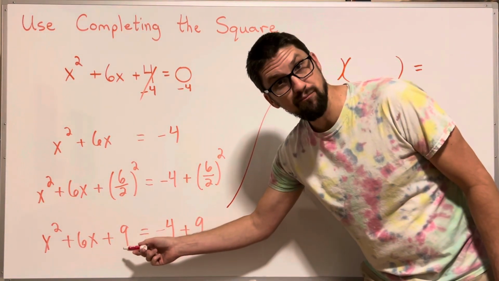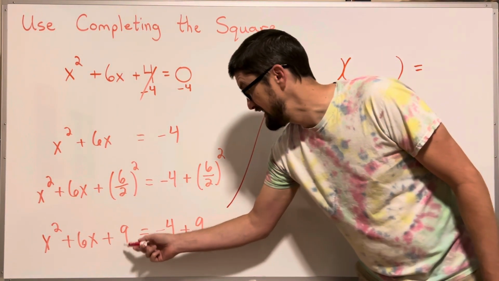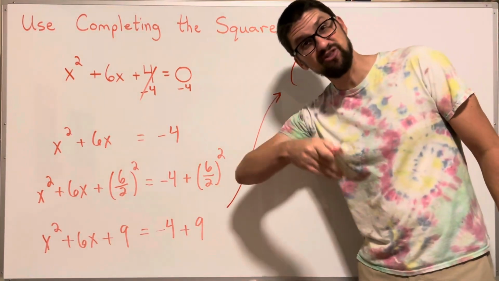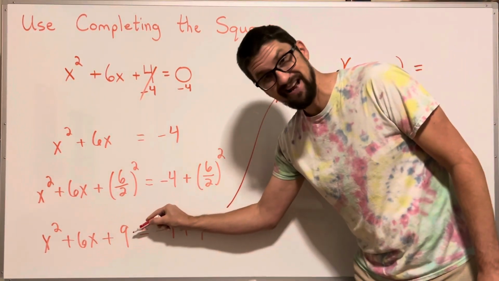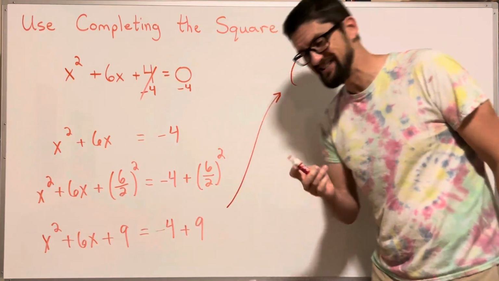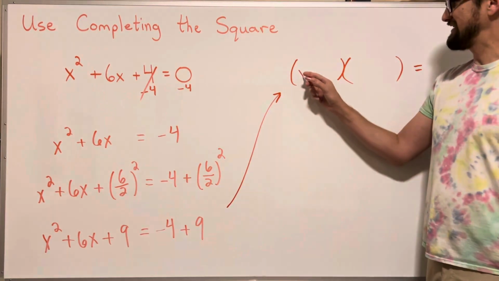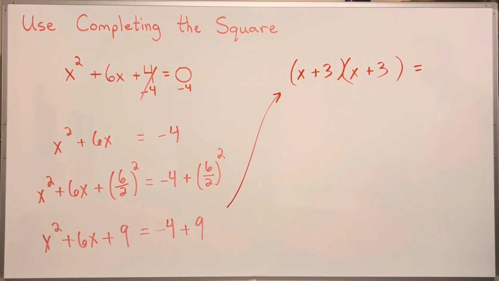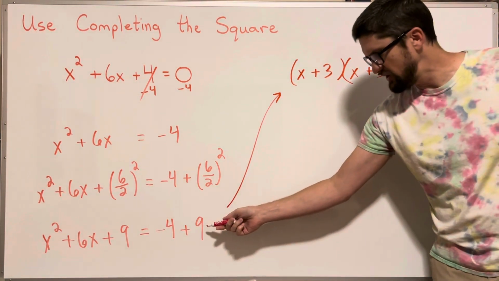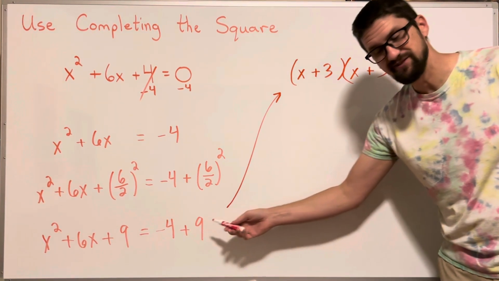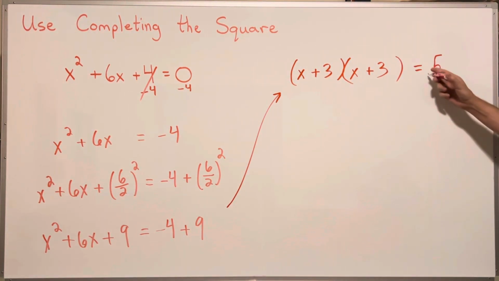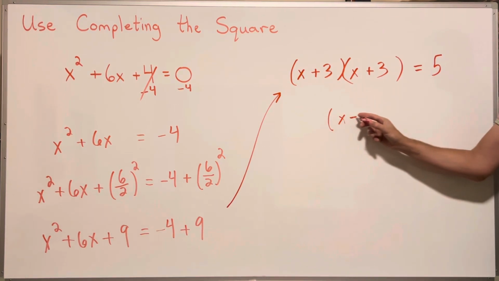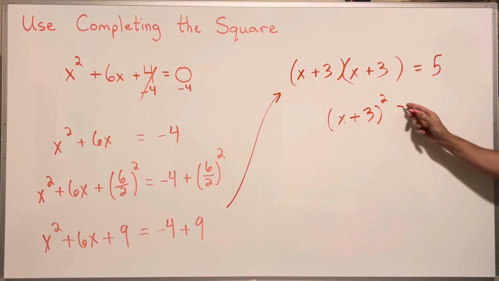You need 2 numbers that multiply to give 9, but add to give 6. That's going to be 3 and 3. 3 times 3 is 9, and 3 plus 3 is 6. So this is going to factor into x plus 3, x plus 3. And on the right hand side, -4 plus 9 is 5. Now, since these are the same, you can write this as 1 binomial squared.